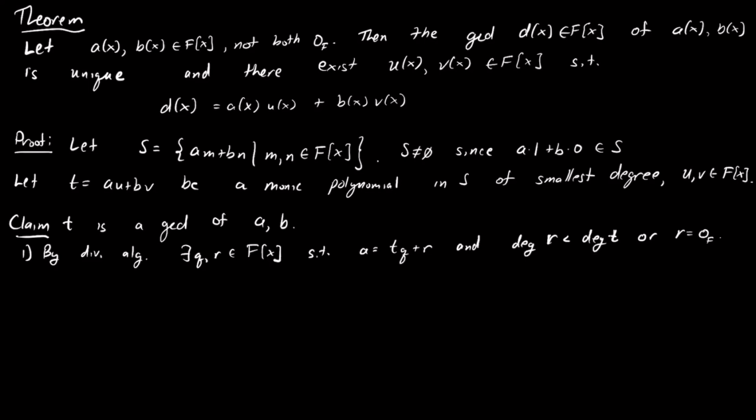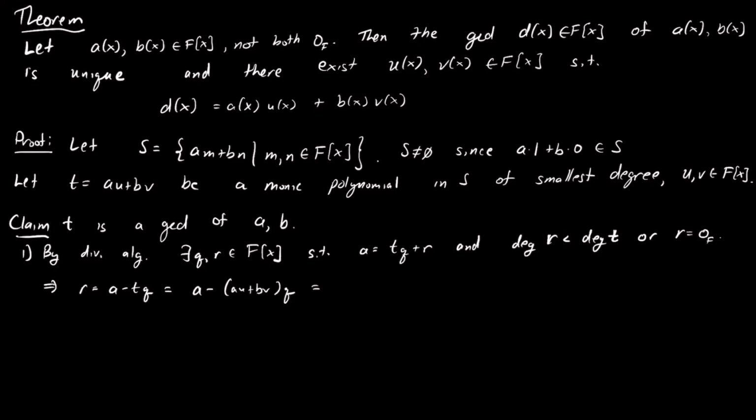Okay, my goal is to show that r is equal to 0. If I want to show t divides a, I want to show that there's a remainder of 0. Okay, so how do we do this? Well, if a is equal to tq plus r, I can then write r is equal to a minus tq. And what I'm going to do is substitute my expression for t. I know t can be written as au plus bv, so I'm going to write this as a minus (au plus bv) times q. And what is this going to leave me with?